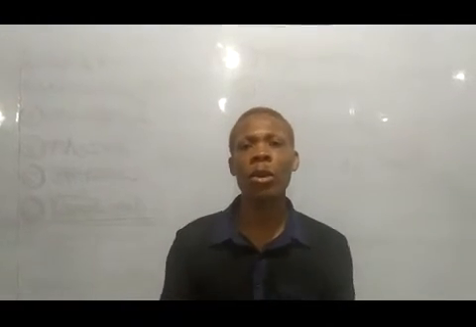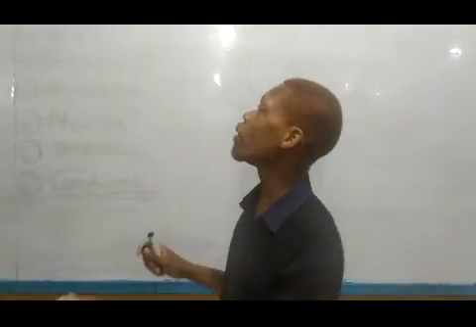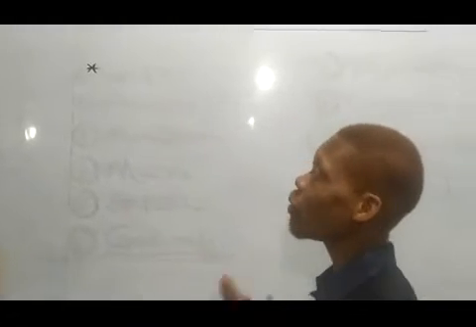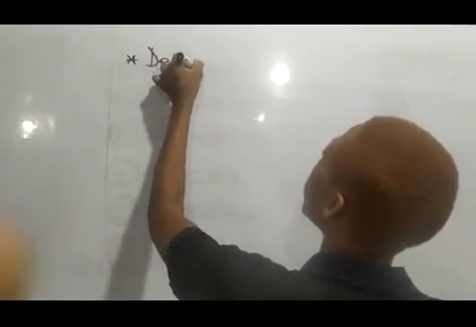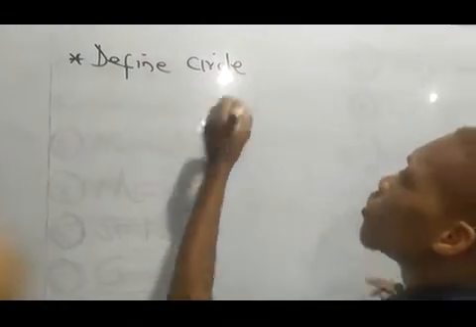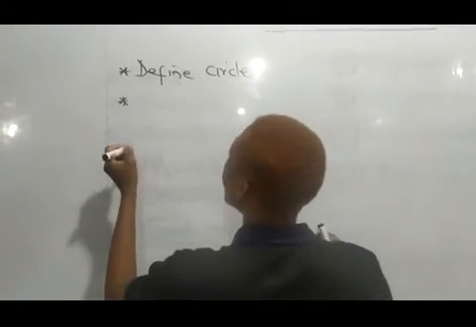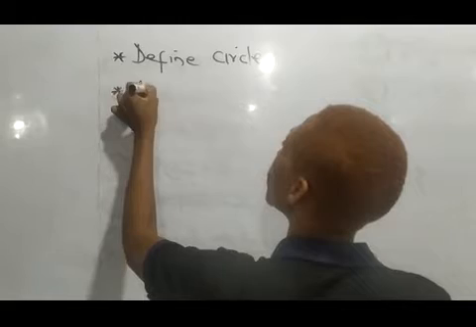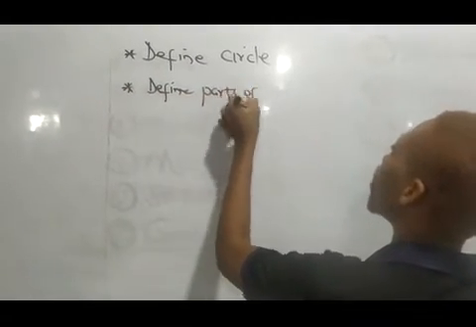Now, under circle theorem, I expect you to know all of this by the end of the class. So these are my expectations. By the end of the class, you'll be able to define a circle. Two, you'll be able to define parts of a circle.